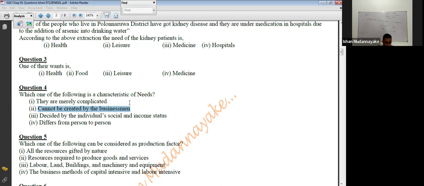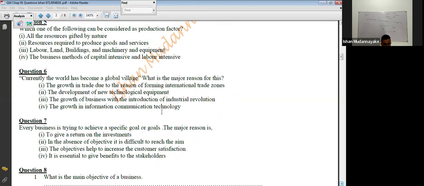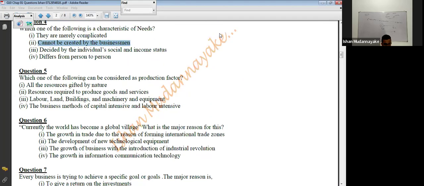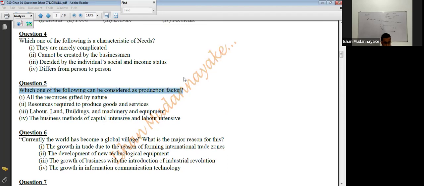Right. Now look at question number 5. Which one of the following can be considered as a production factor? Now, what's the answer for question number 5?